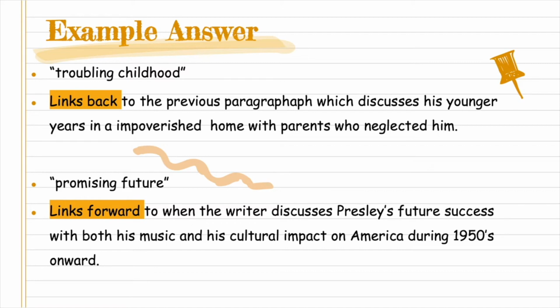So bullet point 1 and bullet point 2 would get you your first mark. You've quoted and you've successfully paraphrased why this links back. Your third bullet point, promising futures, links forward to when the writer discusses Presley's future success with both his music and his cultural impact on America during the 1950s onwards. We can say that bullet point 3 and bullet point 4 would get us our second mark.